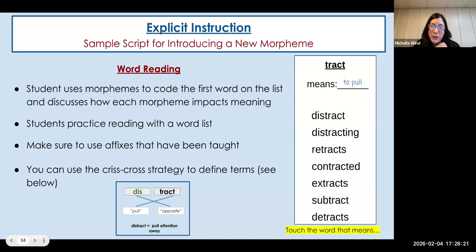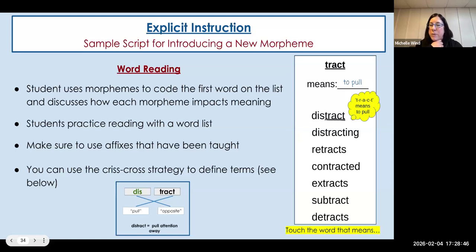We included a crisscross strategy at the bottom, just showing how to unlock the meaning, even though here, like in the prefix distract, you would start with the meaning of the prefix and then give the meaning of the suffix, the base after. So let me show you an example how that crisscross strategy would work.